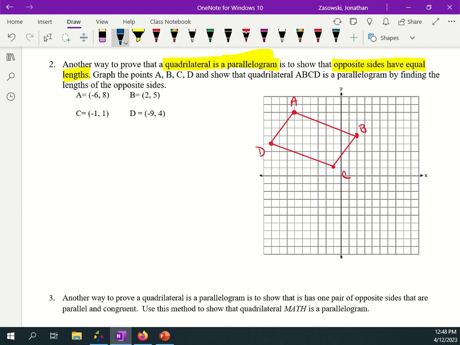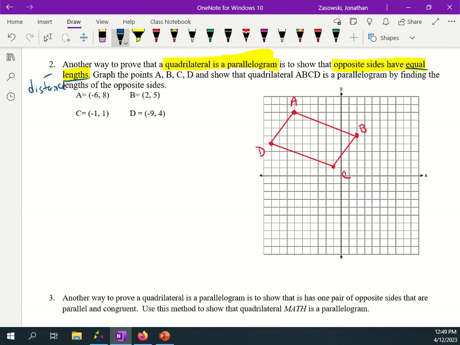What calculation tells us the length of something? On the warm-up, what would you use to find the length? The distance. So when it says equal lengths, that technically means that we want to do the distance.